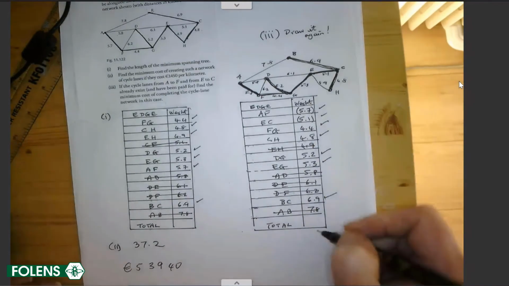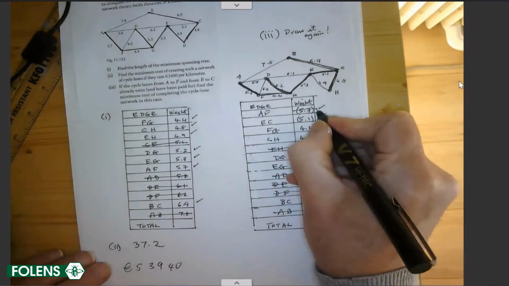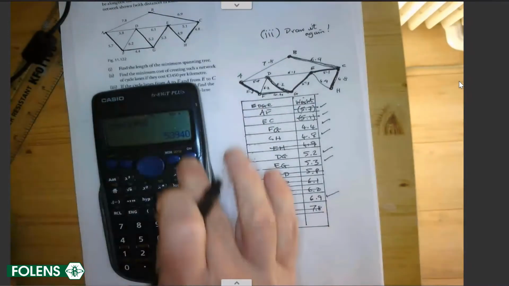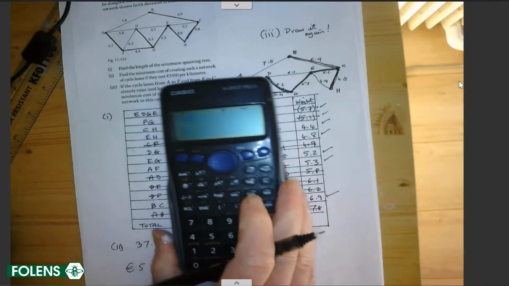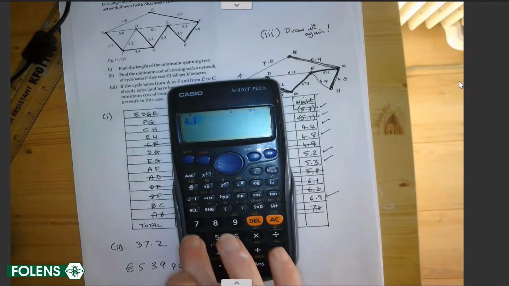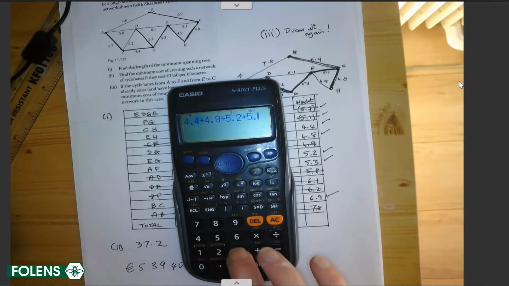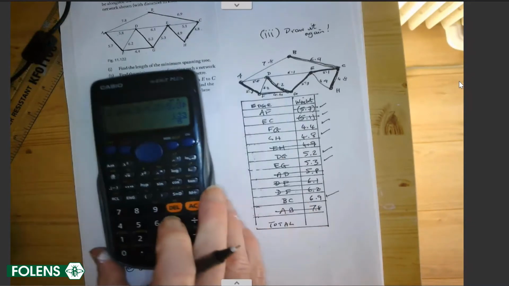So the spanning tree is, I don't have to pay for that, I don't have to pay for that, so I only have to pay for, let's use the calculator, 4.4 and 4.8 and 5.2 and 5.3 and 6.9. That's all I have to pay for.